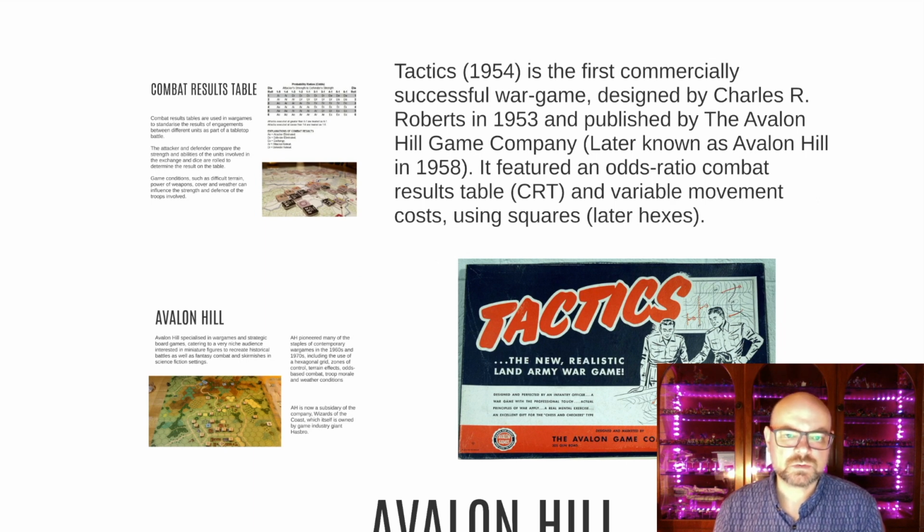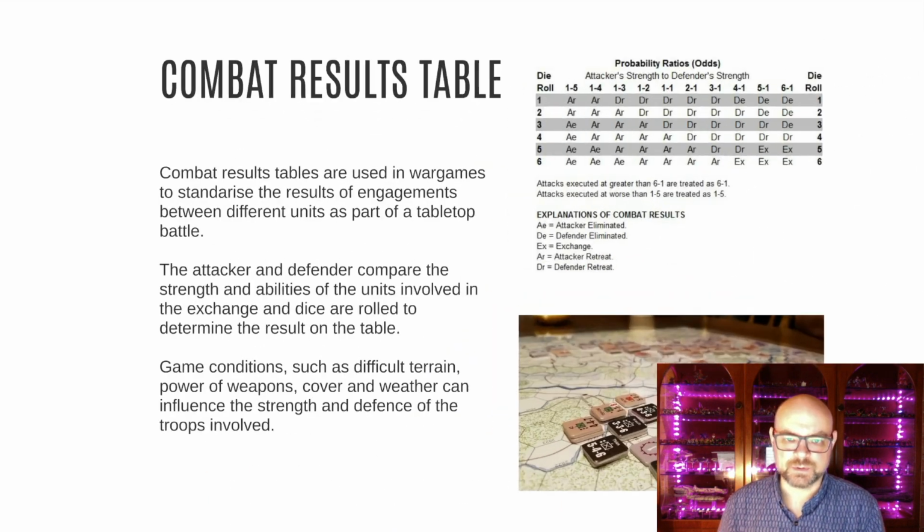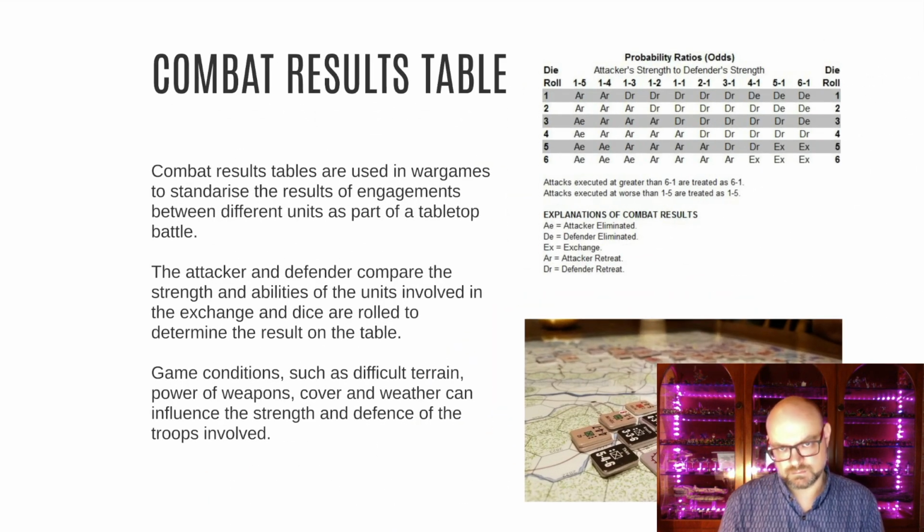So after World War II, games like Tactics became popular. And Tactics, of course, was published by the Avalon Hill Games Company. It featured what is known as an odds ratio combat table. And I'd like you to take a look at this, because this is a very useful game mechanic that you might like to think about for your own games.